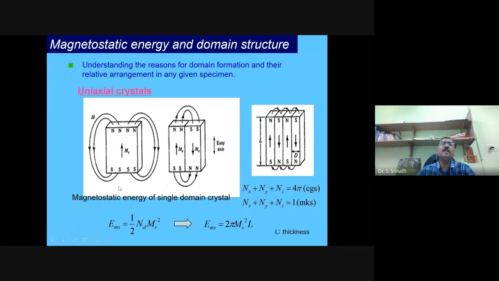So you can consider now two kinds of fields. One is the internal field, which is responsible for the spins pointing parallel to this direction, which we call a Weiss molecular field, or Heisenberg exchange field, or interacting coupling field, or internal field, whatever you call. This is doing exactly the role of an external field.